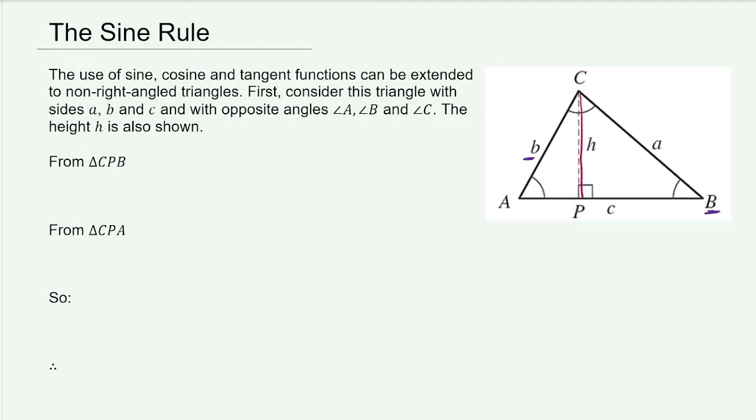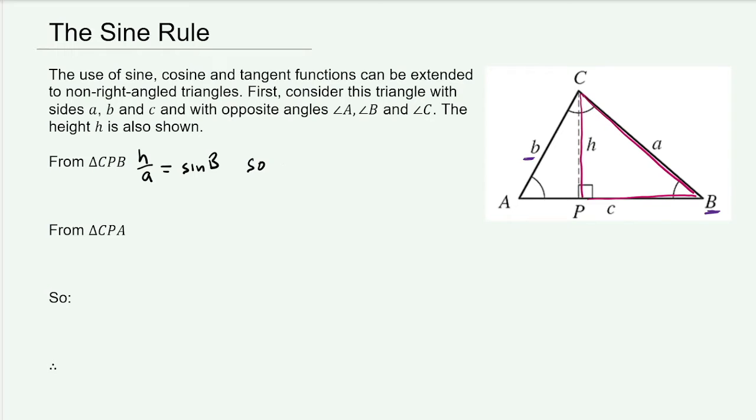CPB is this one. We can say that h over a equals sine of B. We have the right angled triangle in there, h over a, so opposite over hypotenuse, is the sine of B.